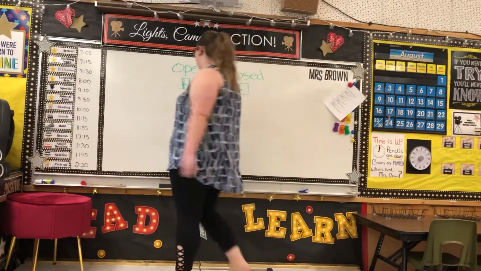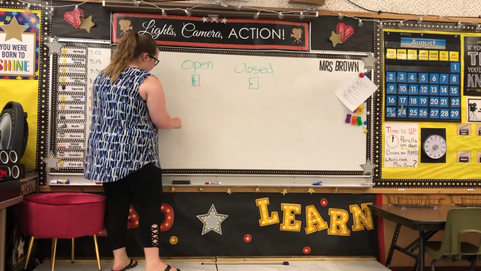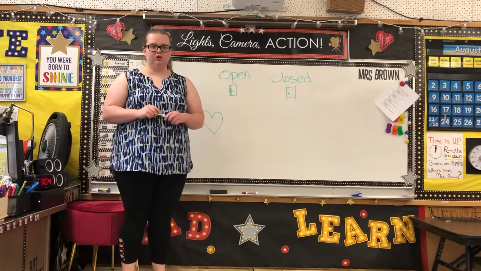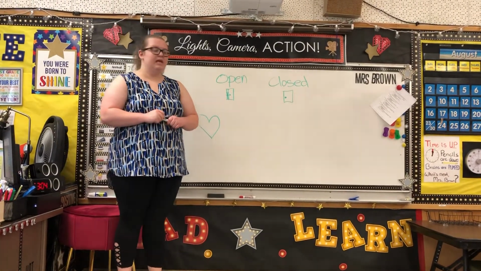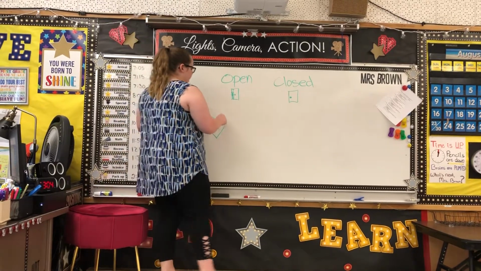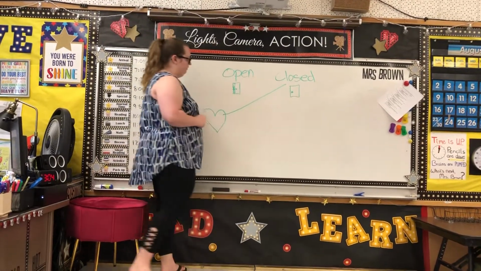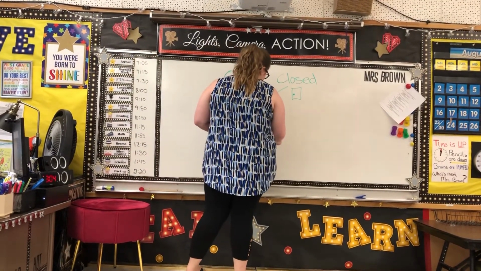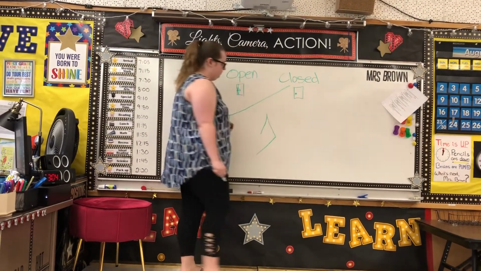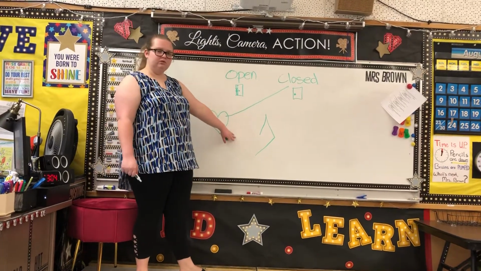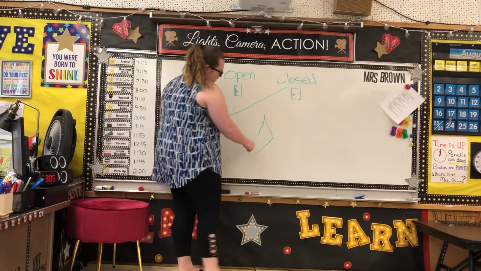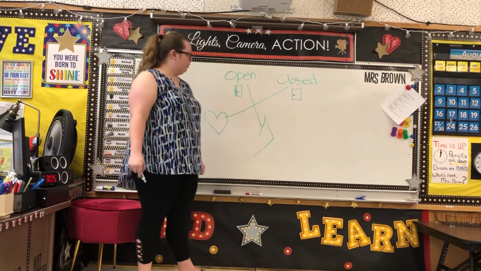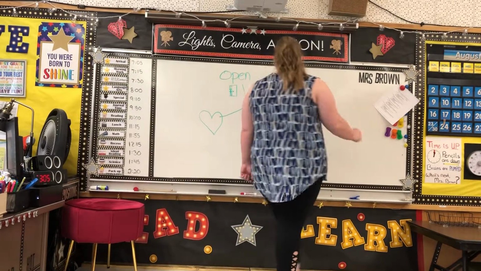So this shape here, is this an open or closed shape? Open or closed? It is closed. So I'm going to draw a line over here. What about this shape? Open or closed? It's open. Here's our spot that's open right here. So we'll draw a line to open. What about this shape?